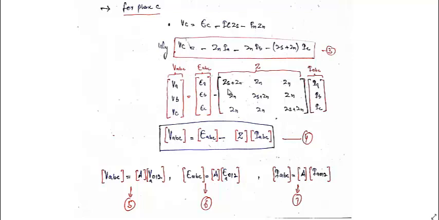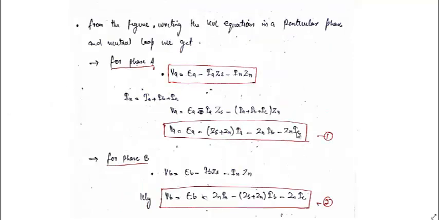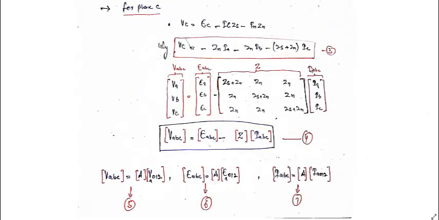Now I can give them the matrix form, that is VA, VB, VC, three equations, equals EA, EB, and EC minus the third matrix, which is ZS plus Zn, Zn, Zn, then ZS plus Zn, similarly like this, multiplied by IA, IB, and IC. So these three equations, that is equation 1, 2, and 3, can be represented by this matrix.